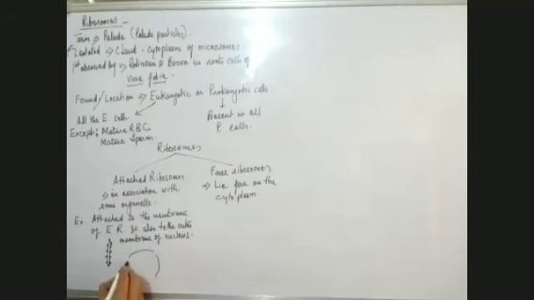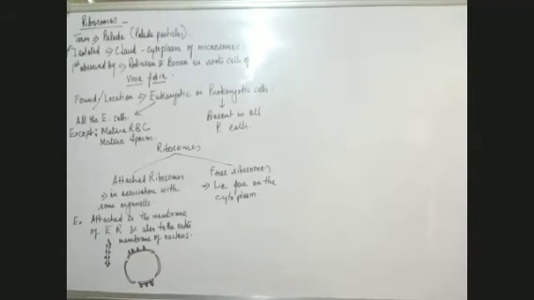The nucleus has the outer membrane and the inner membrane, and the nuclear pores. These are ribosomes, the larger subunit and the smaller subunit. So they are attached to the nucleus also. These are the two places where they are found: the endoplasmic reticulum and the nucleus.